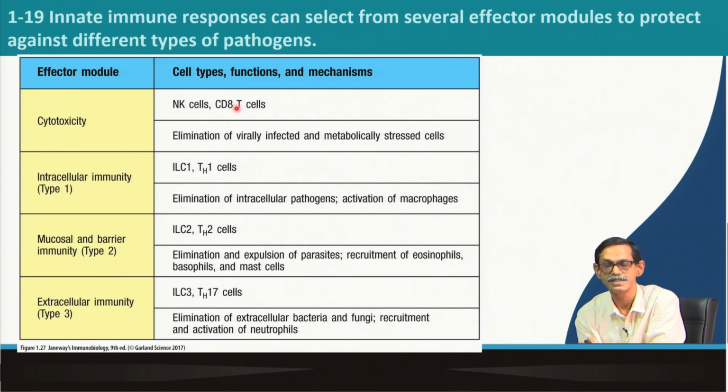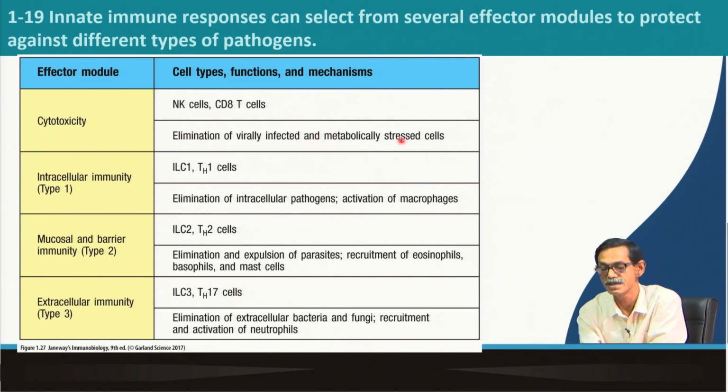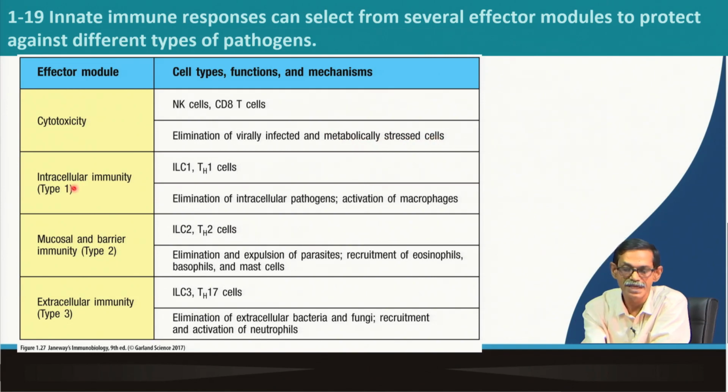CD4 T cells are the helper cells, CD8 T cells are the cytotoxic cells. So, virus is mostly taken care of by NK cells, which we already discussed, and cytotoxic T cells or CD8 T cells by cytotoxicity. What is it doing? Elimination of virus infected cells or metabolically stressed cells.